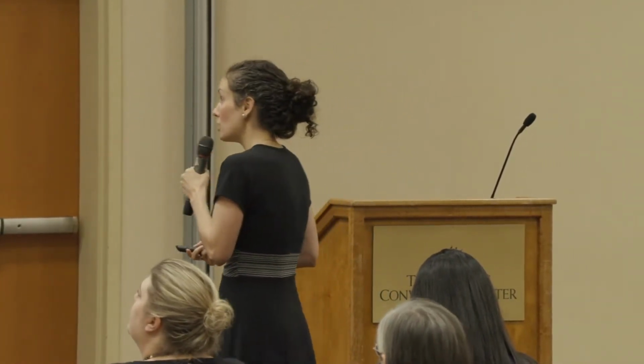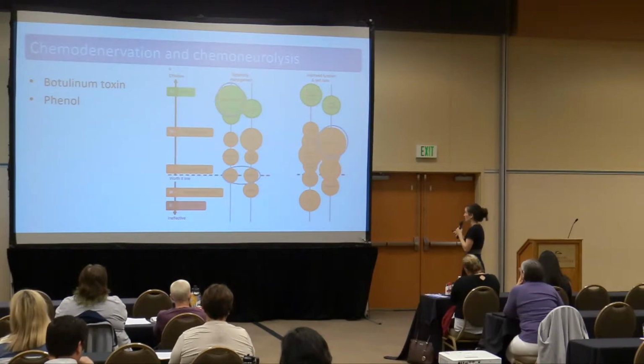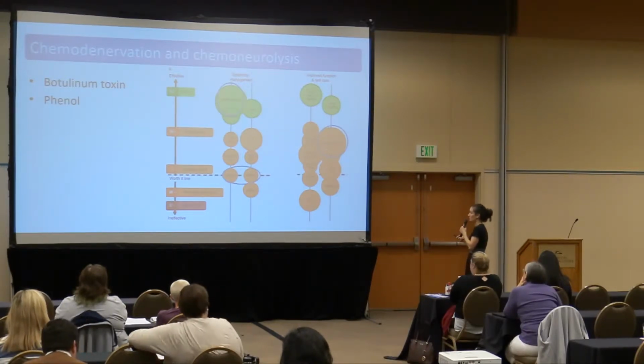But we're actually learning more and more now about repeated use of Botox, and that it can actually cause some fibrosis and scarring in muscle. And so I think for a lot of us, our practice has changed, and we're maybe using Botox less and less in this population as we're learning more and more about it. But it has been studied to be effective for spasticity and maybe for improved self-care and function.